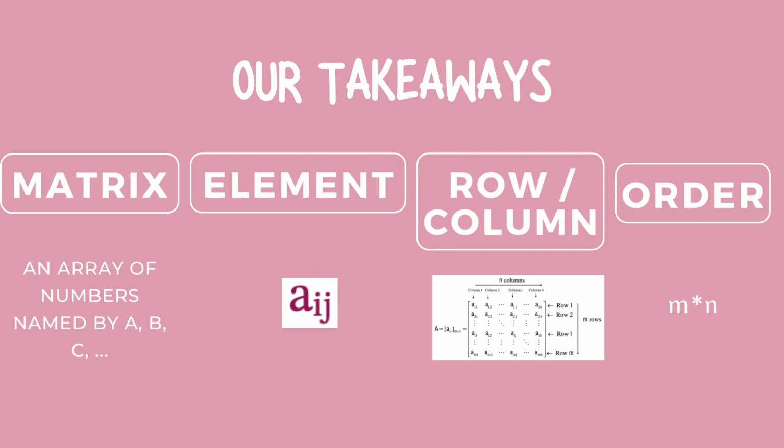These elements are presented either in a square bracket or round bracket, with the elements in a horizontal line representing rows and elements in a vertical line representing columns. Matrices are often referred to by their dimensions, or we may also call it the order or size of the matrix, where we have m by n indicating number of rows and number of columns.